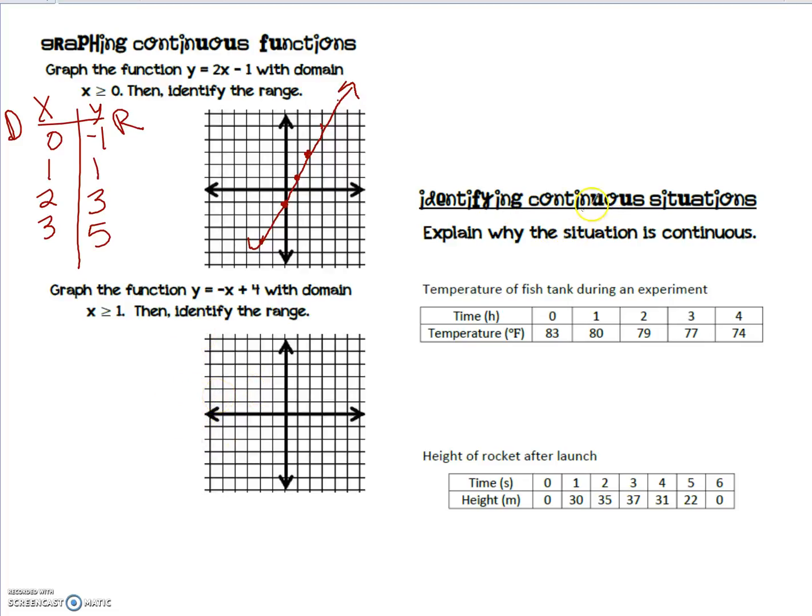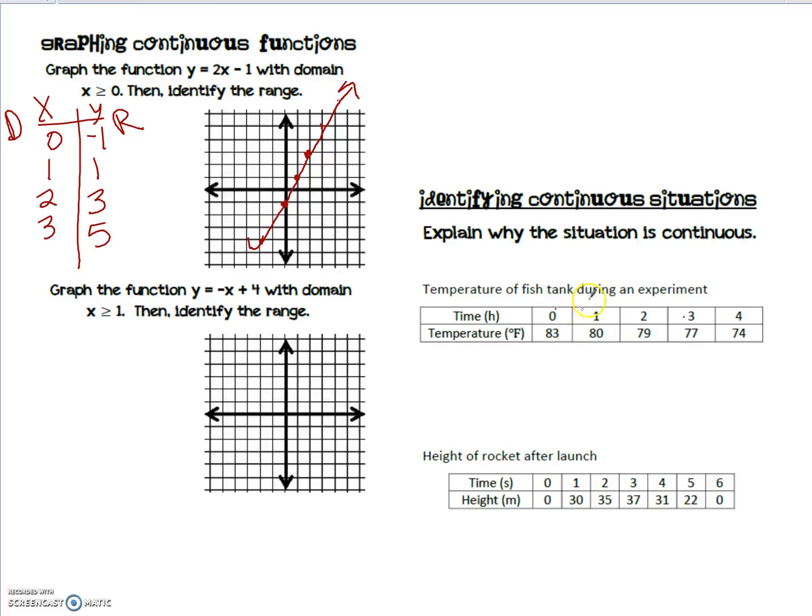Okay, so let's look at the bottom and identify some continuous situations. You will see that time is traveling on in hours, and the temperature is changing in this fish tank during an experiment. We cannot say that every hour the temperature is going to drop 3 degrees, because we know in nature that just does not happen.